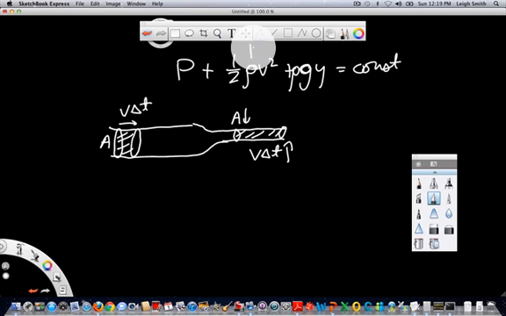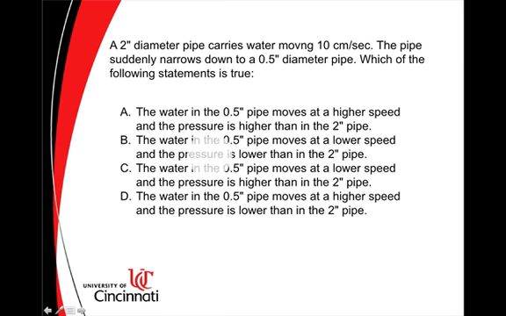But the kinetic energy clearly increases, and the only choice is that the pressure has to decrease. This is actually the one which seems the most nonsensical. It's really hard to get your head around it. But as the velocity increases, because the energy is a constant, the pressure has to decrease as you go into the thin section. And so the water in the half-inch pipe moves at a higher speed, but the pressure is lower than it is in the 2-inch pipe. And so B is the only possible answer.